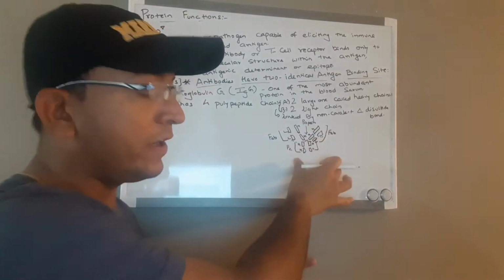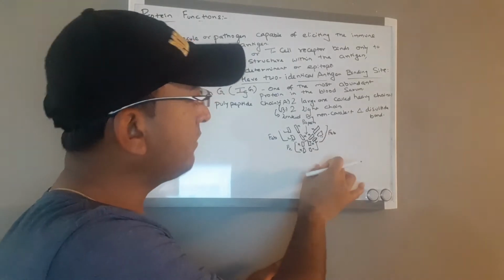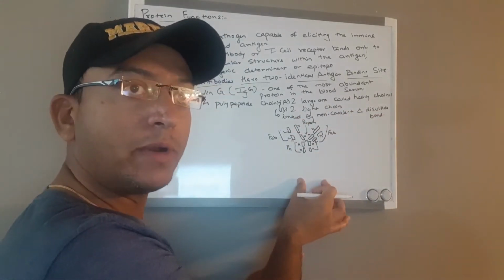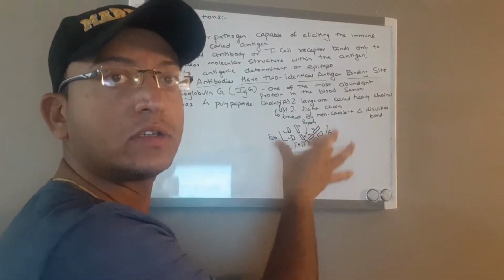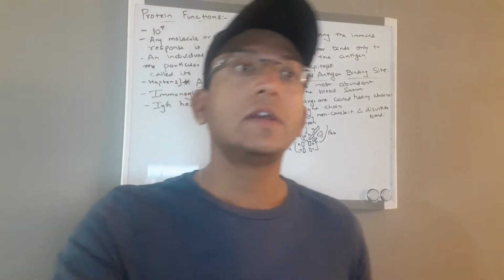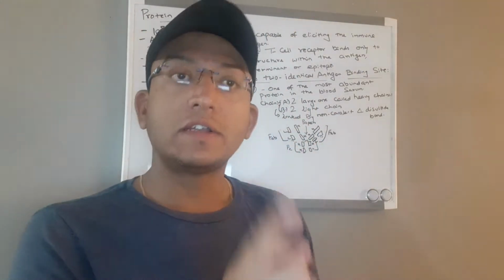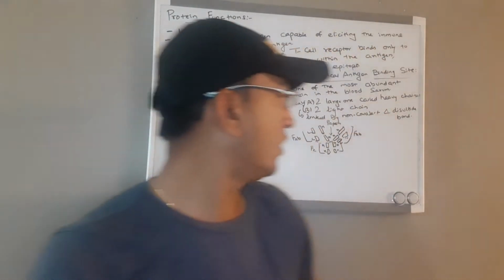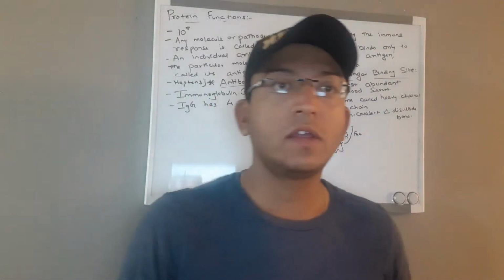So when it is treated with this protease enzyme, the basal segment gets separated, and the two branches, called antigen binding fragments, also get separated. And both have a single antigen binding site, right? So this was the IgG.